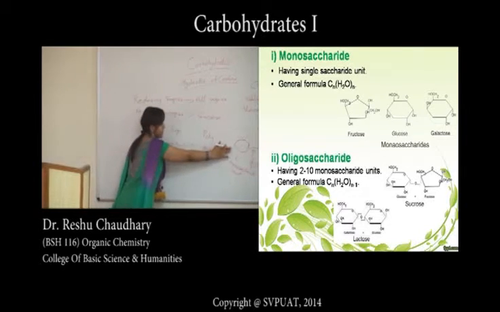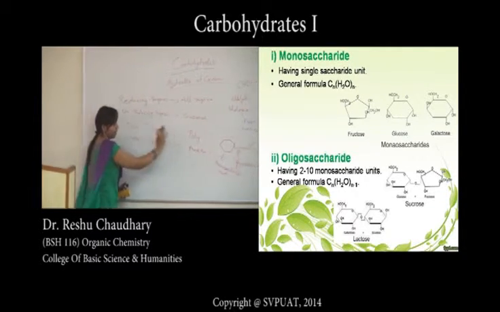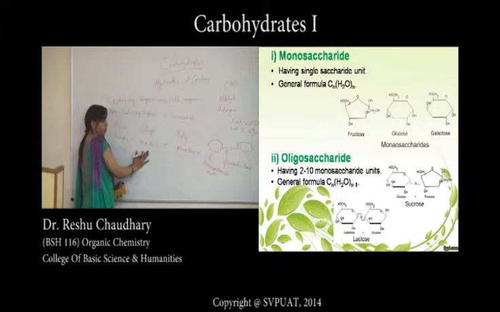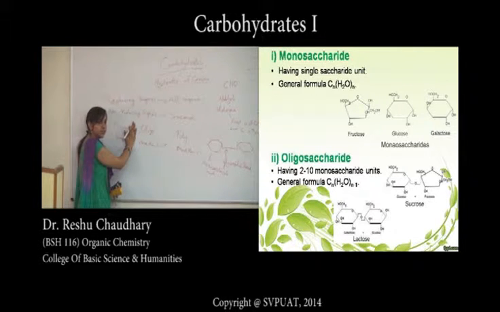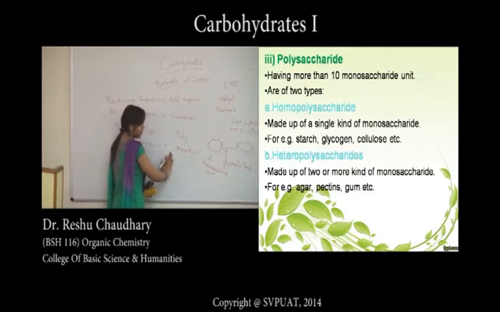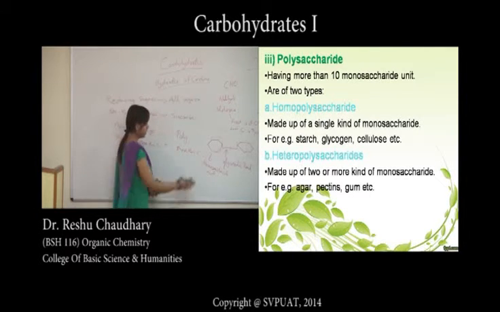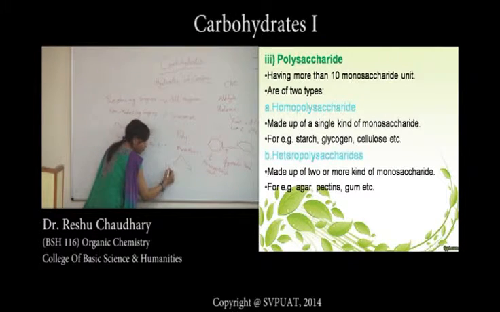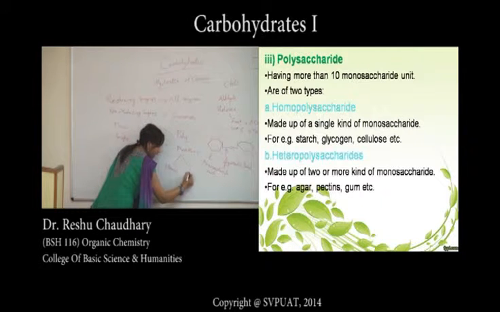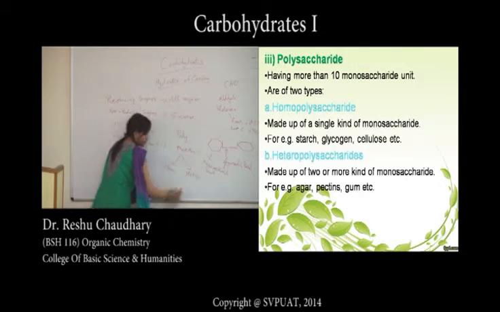If a single unit is present, then it is a monosaccharide. If 2 to 5 monosaccharides are present in the structure, then we will say oligosaccharide. If more than 5, it can be 300, 500 or more, then it will be a polysaccharide. In polysaccharides, the further classification is homopolysaccharides and heteropolysaccharides.